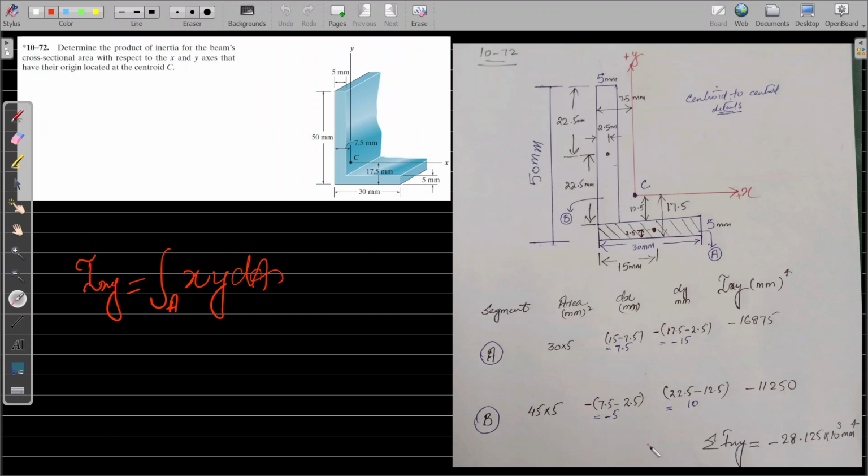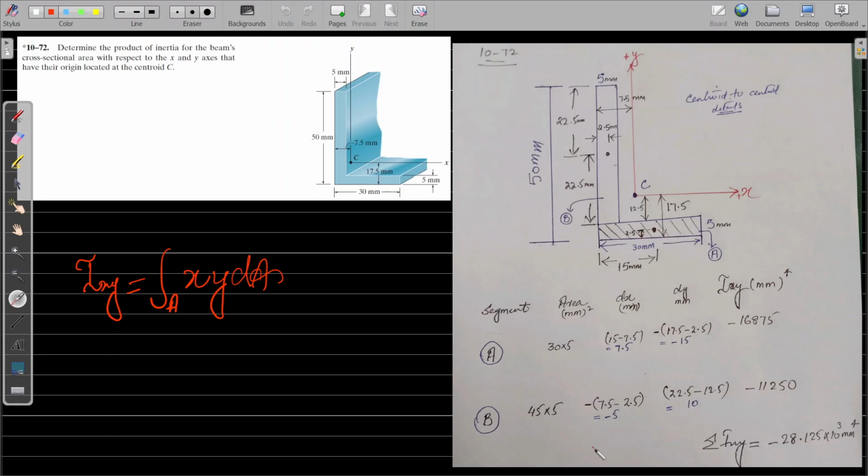From this point to this point it will be 7.5, and if you subtract this 2.5 from it, you get the centroid to centroid distance.